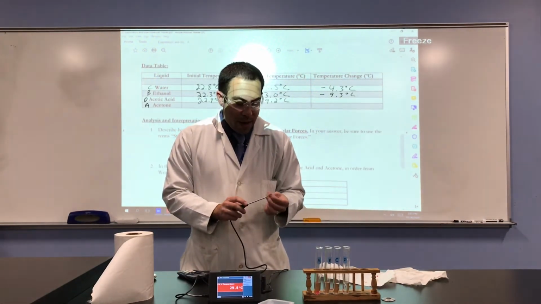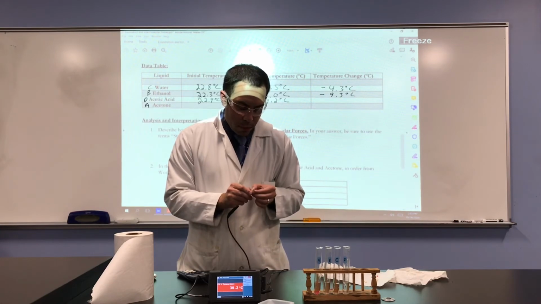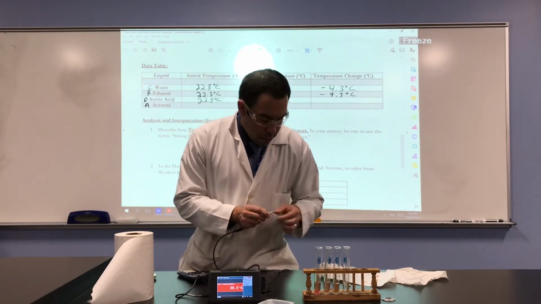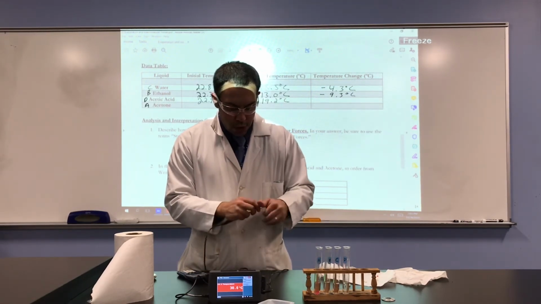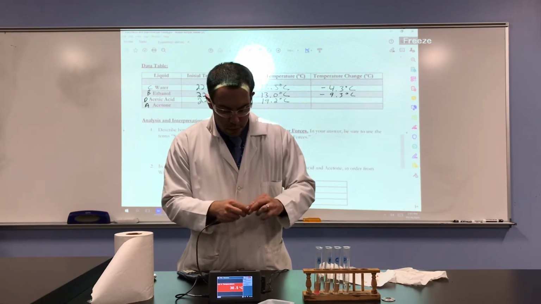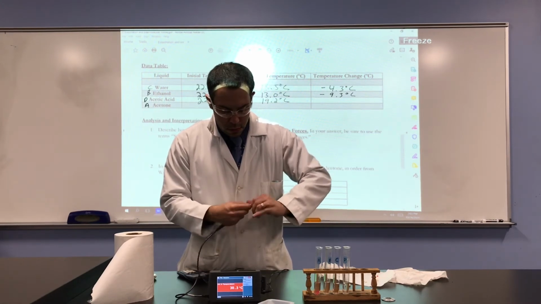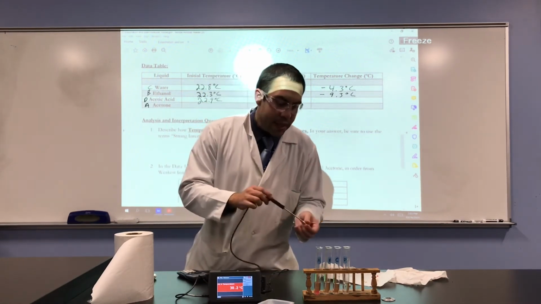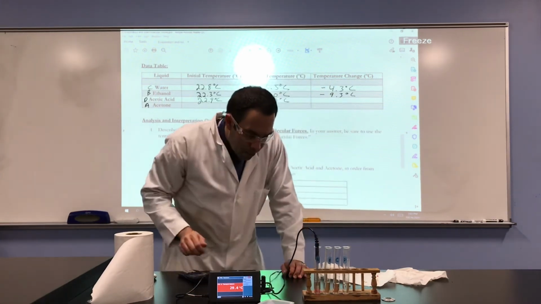And we'll do our final liquid, which is acetone, which is in test tube A. Secure it tightly with a brand new rubber band and place it in the test tube. So putting in test tube A.